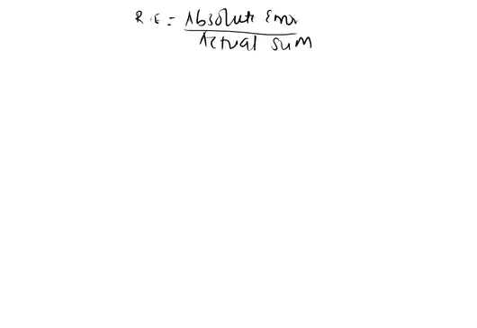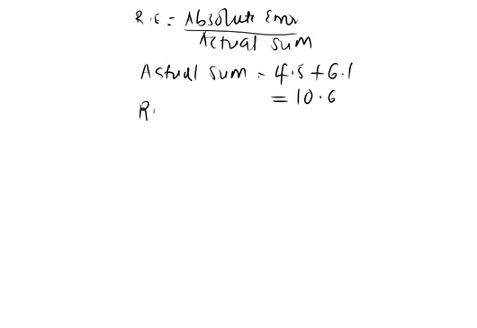So our working sum or actual sum is 4.5 plus 6.1, which is equal to 10.6. So to get the relative error, we'll have 0.10, which is the absolute error, divided by 10.6, which is the actual sum, and this gives us 0.0094 to 4 decimal places, and this is the relative error.